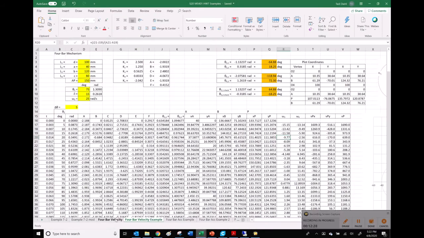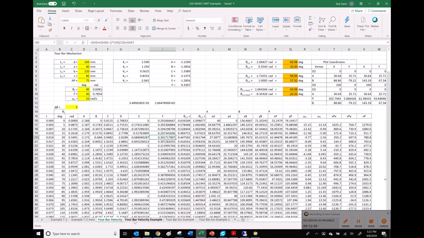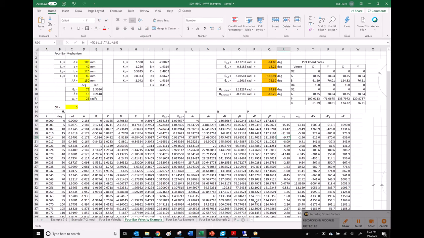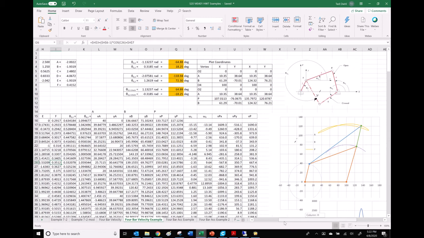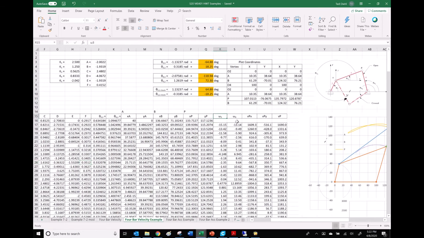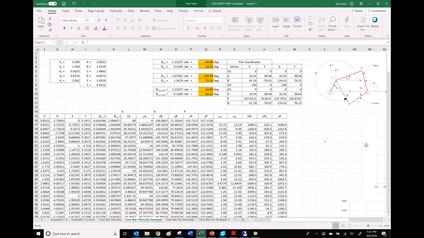So I already did this. This is the one that I built the thing upon. This is what we had constructed last time. We got to there, and we found the velocities. We also found the angular velocities of the four-bar.